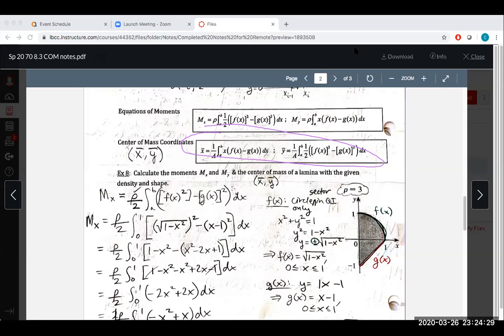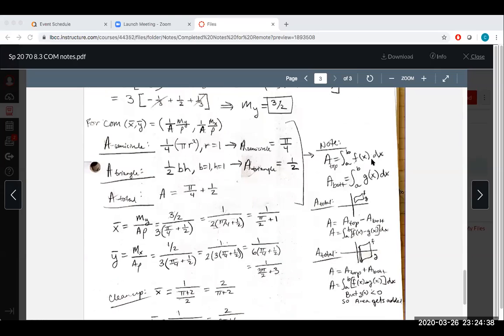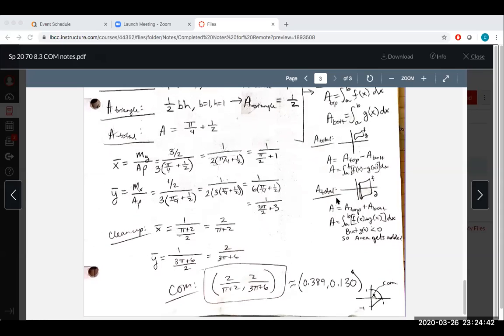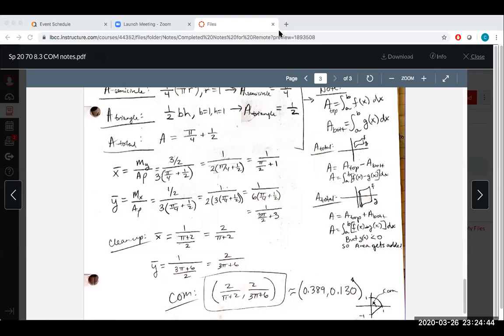And then go ahead and clear that out. Also, if you look on the next page, you'll see your area formulas. So essentially right here, the one we'll be talking about is if you have an area between two functions, f and g.